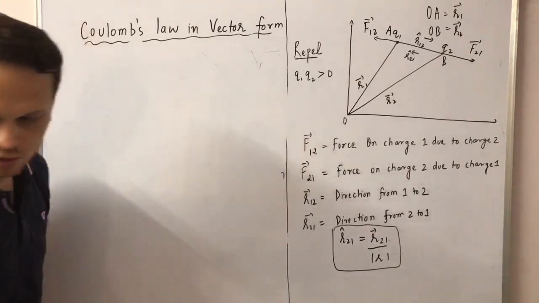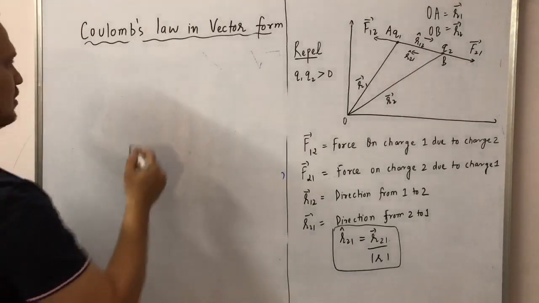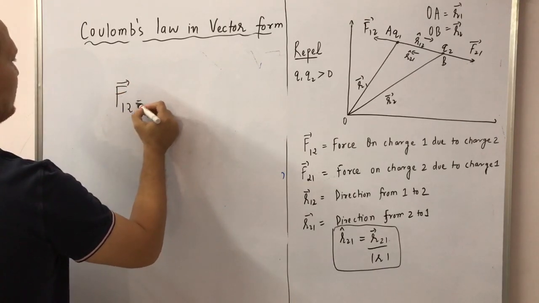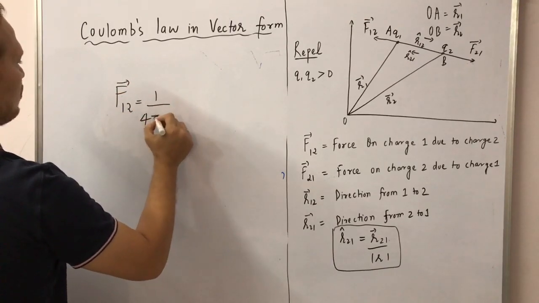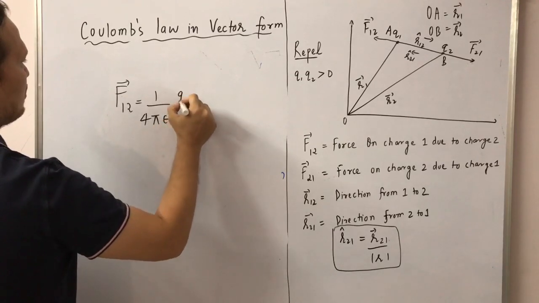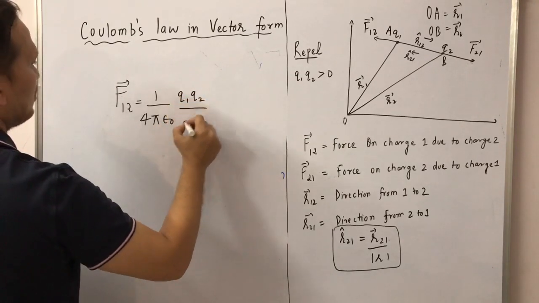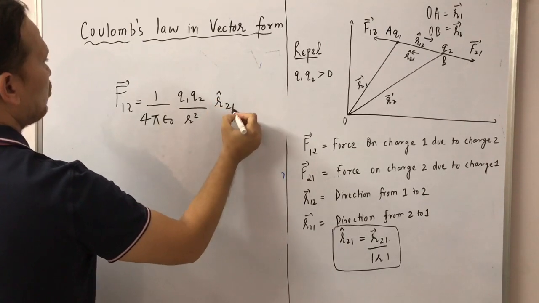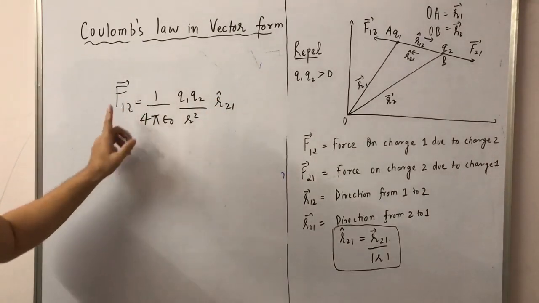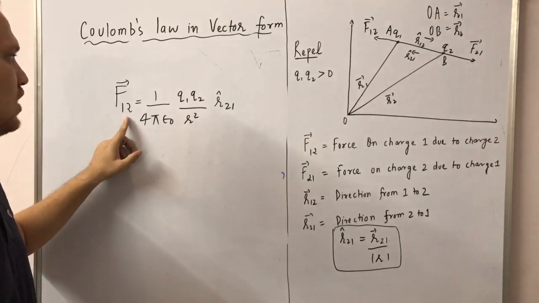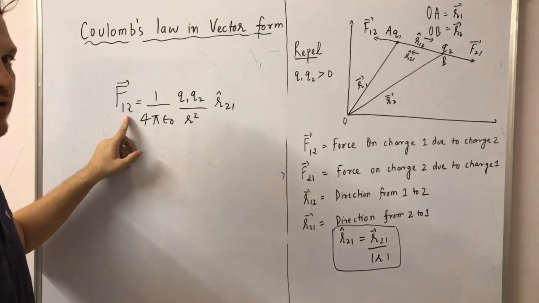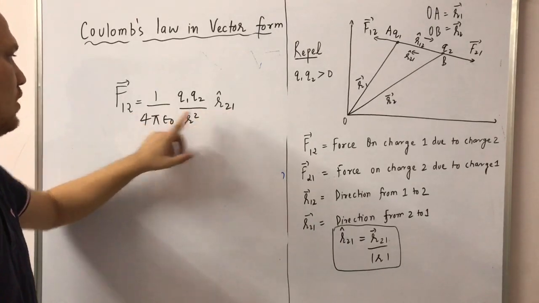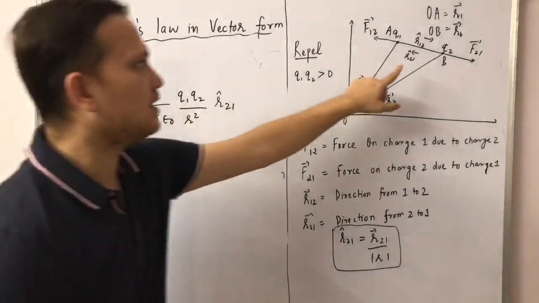So in vector form we can say that the force F12 is 1 upon 4 pi epsilon naught, q1 q2 upon r square, times the unit vector r21. Here we are finding the force on 1 due to charge 2, so the direction is 2 to 1 because it is coming towards 1.